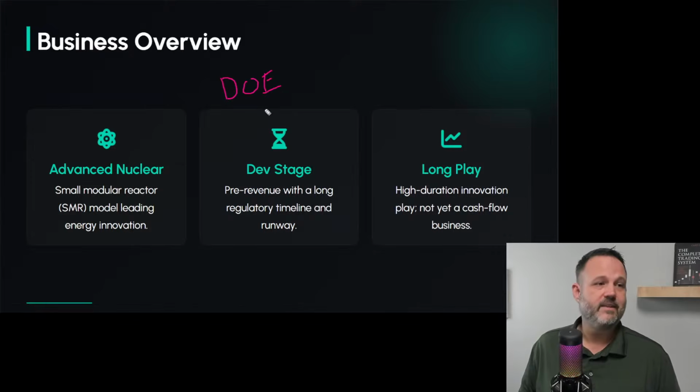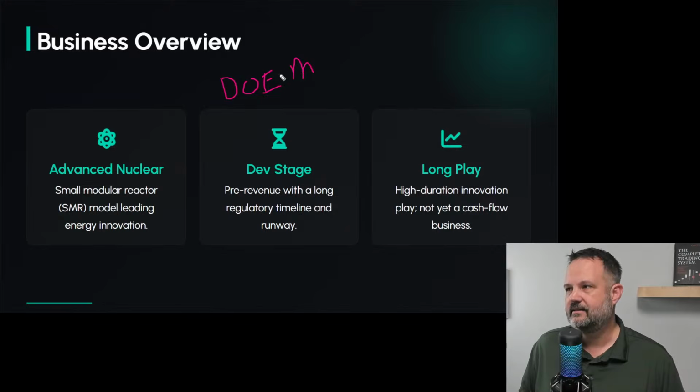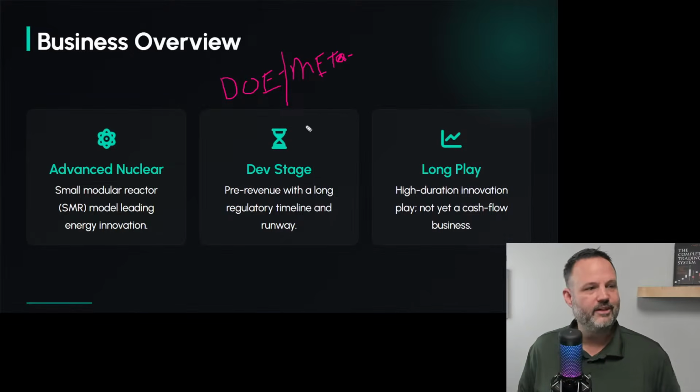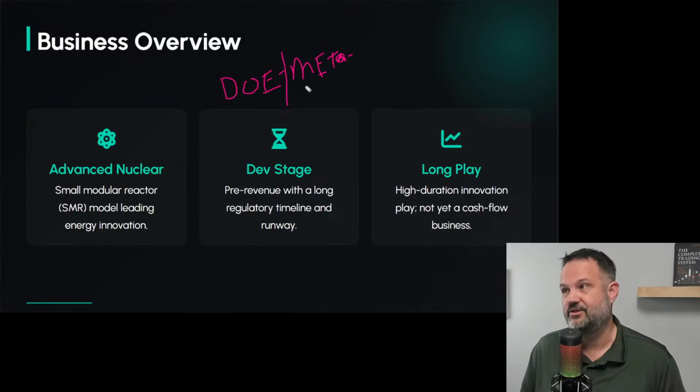They got a deal. They have a deal with Meta. So this is a separate deal. They have a deal with Meta. That's Facebook, for those of you, to develop a power plant just for Meta and some of their data centers. Okay, so that's a big deal. This one's big.